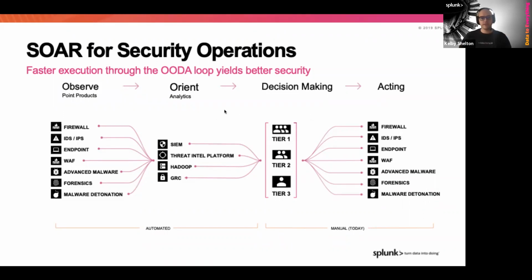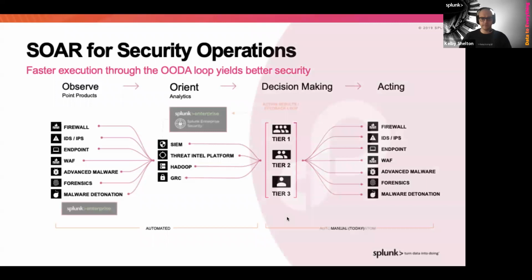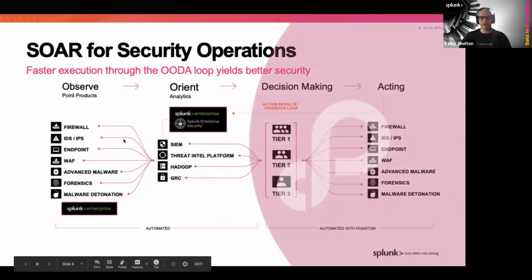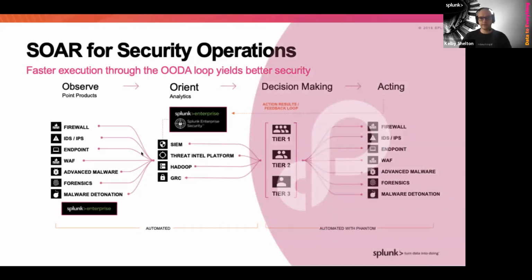Then we move into the human tier, where most of our SOC lives. They ingest all this information, and they have to make a decision. And then we have to turn around and act on those point products. Initiate a block, quarantine a device, etc. So where does Splunk fit in? Well, we have two primary ways.